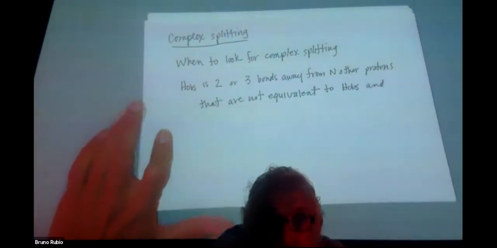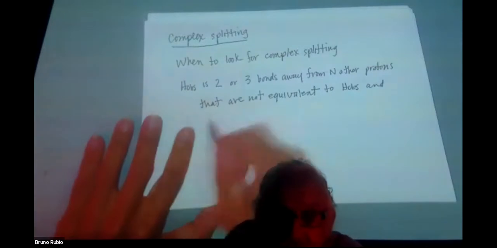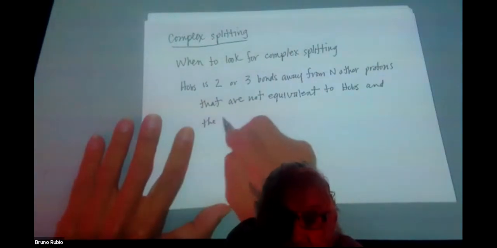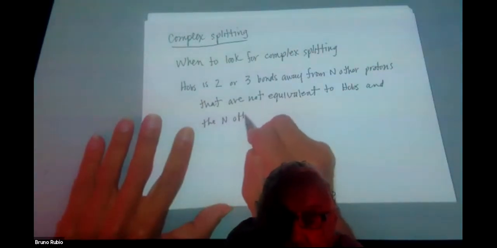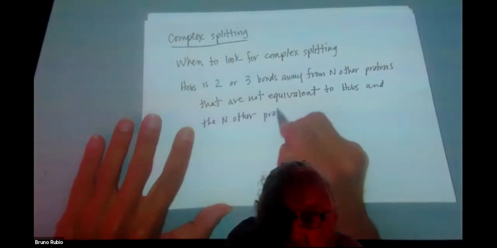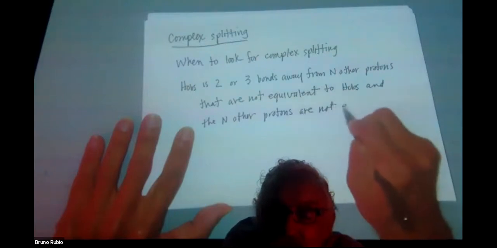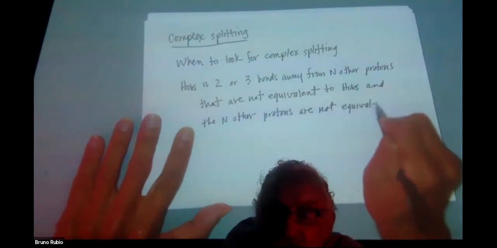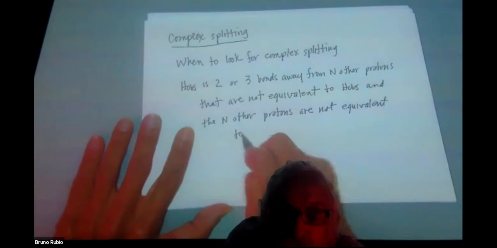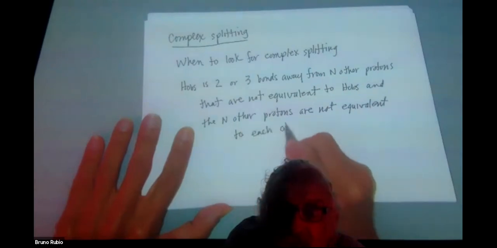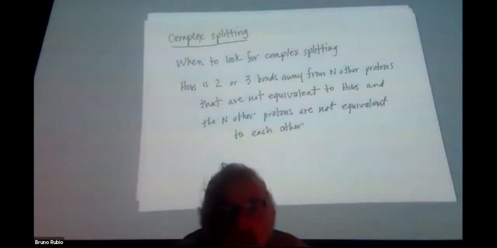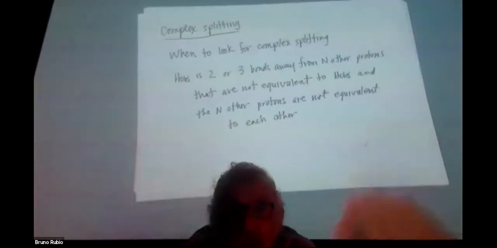And, okay, so here's the difference, right? And the n other protons are not equivalent to each other. That's when we're going to get complex splitting, right?